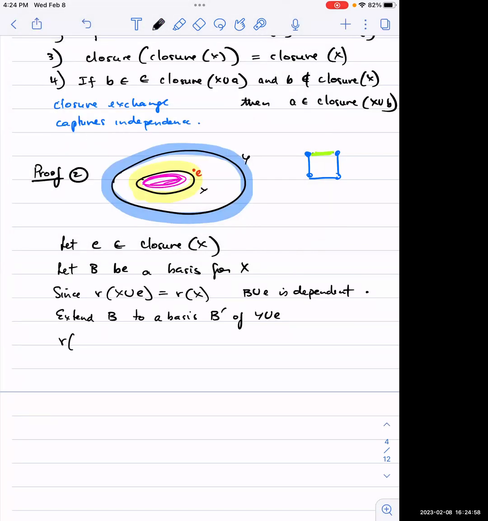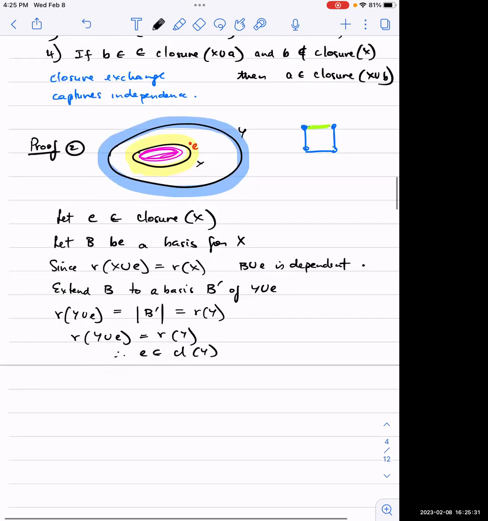Now, rank of Y union E will be the size of B dash, right? We just said in the previous line, extend B to a basis B dash of Y union E. So the rank of Y union E is the size of B dash, and that's the same as the rank of Y. So rank of Y union E equals rank of Y, and that means E is in the closure of Y. And that's it.